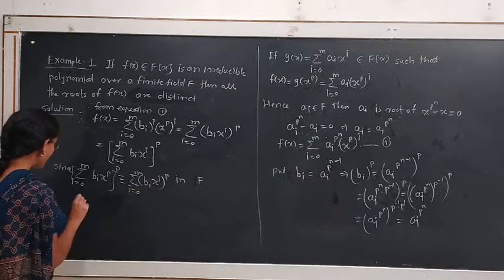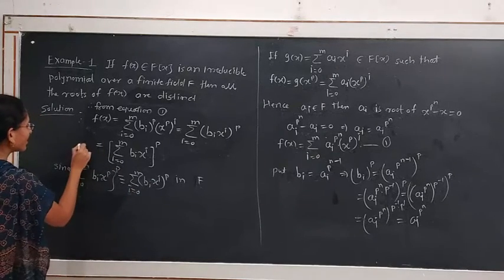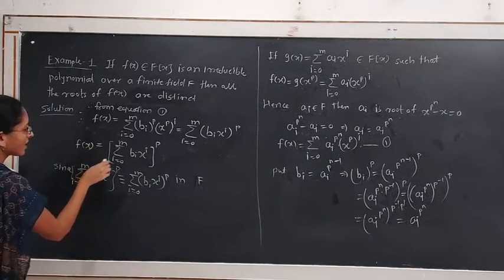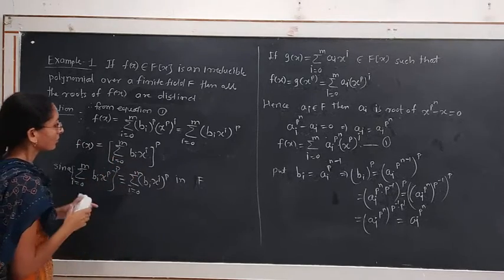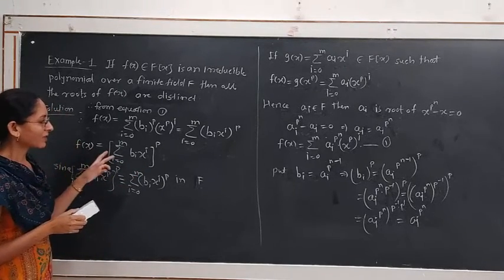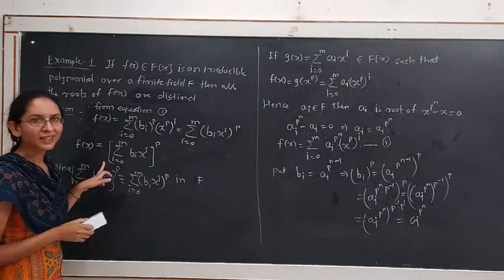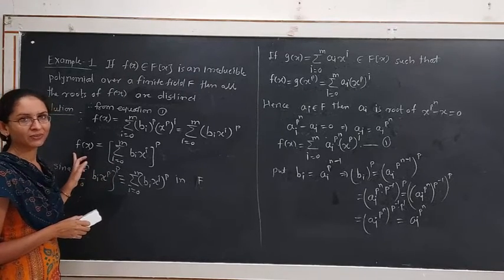Therefore, what is the expression for f(x)? f(x) can be written as a product of distinct factors whose degrees are less than the degree of f(x).